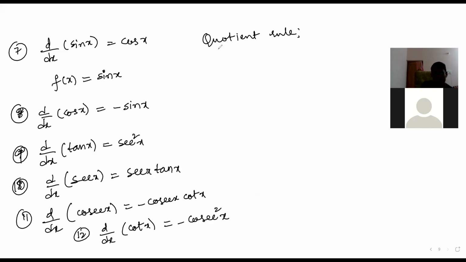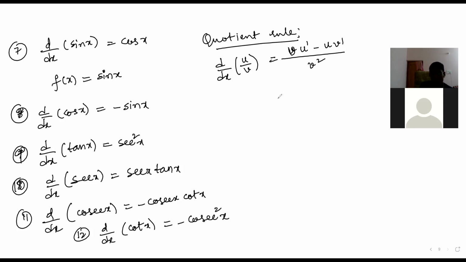What is quotient rule? d by dx of u by v is v into u dash minus u v dash by v square.